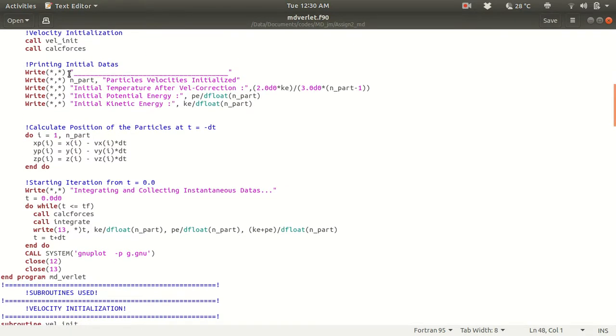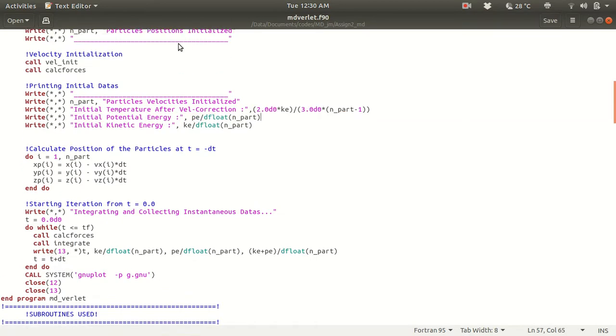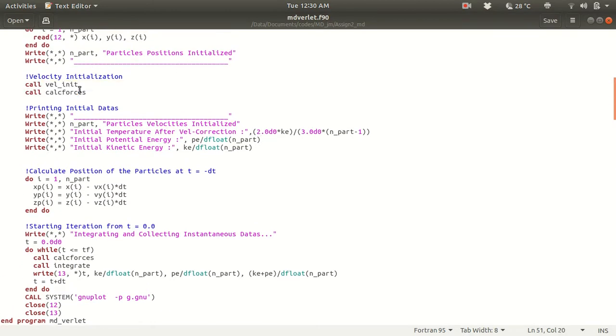And then I just print several things: that the particle velocity is initialized, and the initial temperature after velocity correction, which I can calculate. I have the kinetic energy from this velocity initialization subroutine, and from the equipartition theorem, it is basically 3/2 kBT, and applying this formula I can calculate the initial temperature.